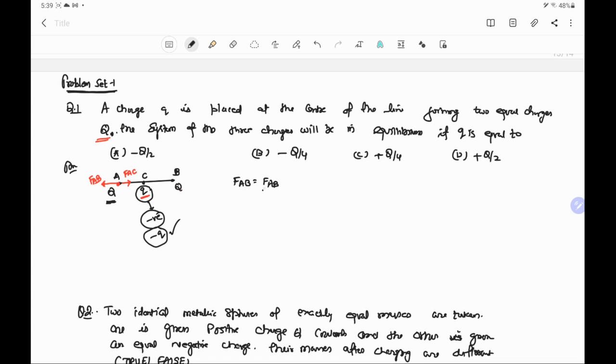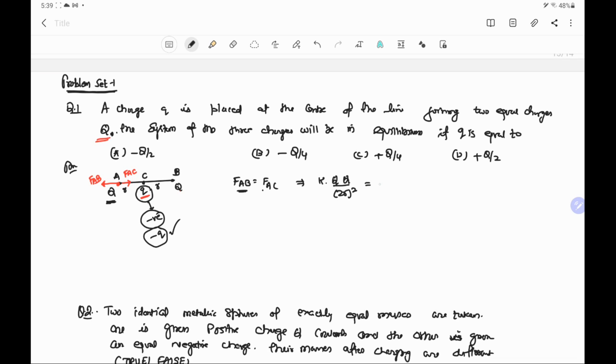Because FAB should be equal to FAC, we now apply Coulomb's law. It is K, that is 1 by 4 pi epsilon naught, times charge at A, Q, and again Q, the charge at B, divided by the distance between them squared. Suppose the distance between A and C is R, then the distance between C and B will also be R, because C is the center of A and B. That means the distance between A and B is 2R, squared.